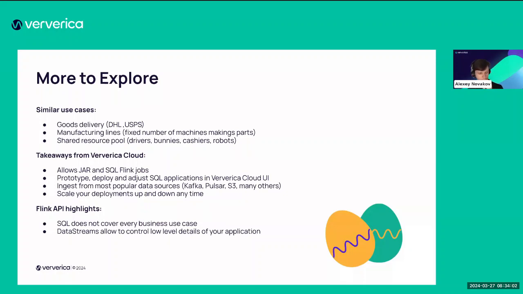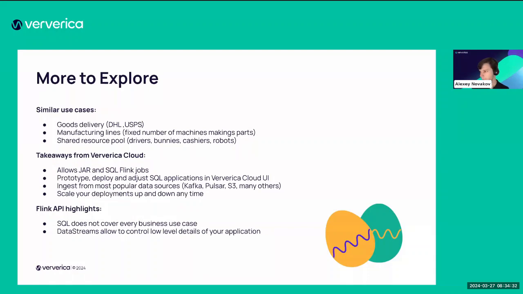But at some point you may see that you need more fine-grained or low-level control. So you can always fall back to the DataStream API, where you can use JVM languages or Python to implement your stream processor. That doesn't contradict Flink SQL itself, or the idea of using a more high-level language. You can use both APIs successfully.